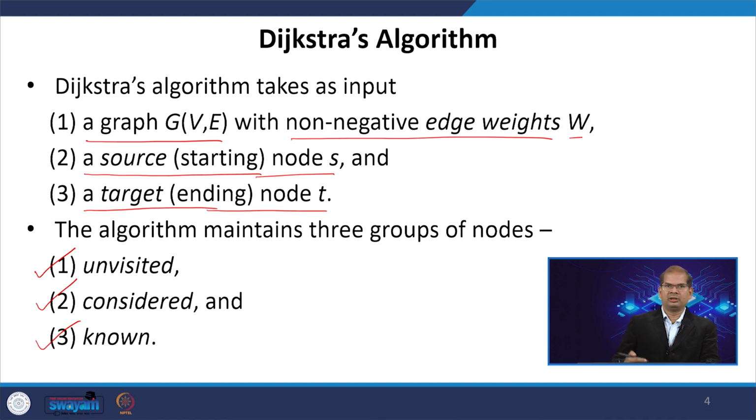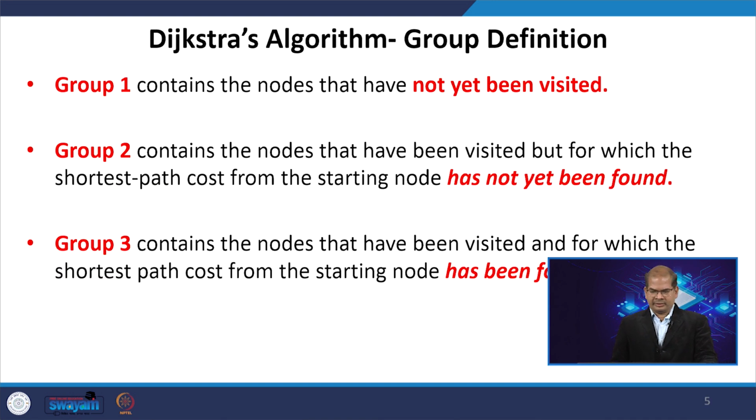As the algorithm continues, each of the nodes is considered and it finds its shortest path. Once it finds its shortest path, the node falls into the category of known nodes. So, we have three different types of groups. We have vertices in this graph.